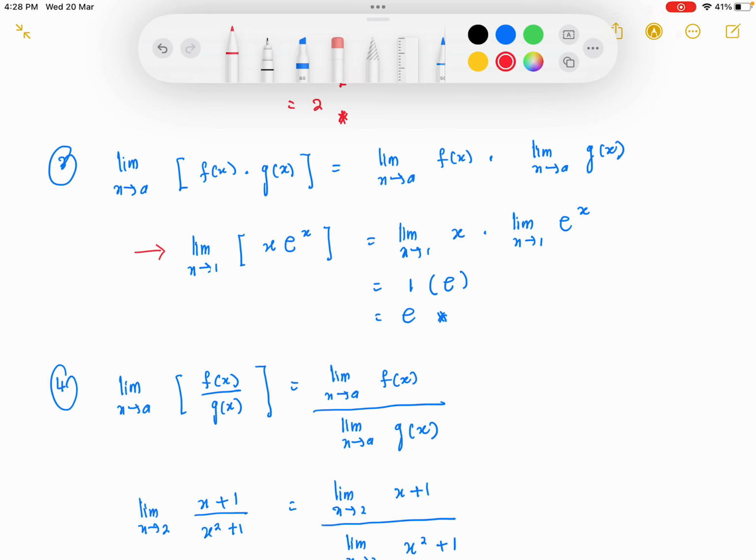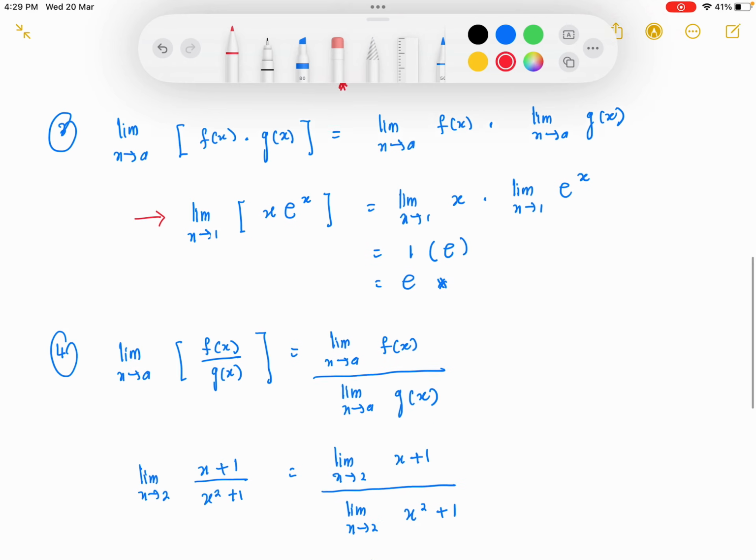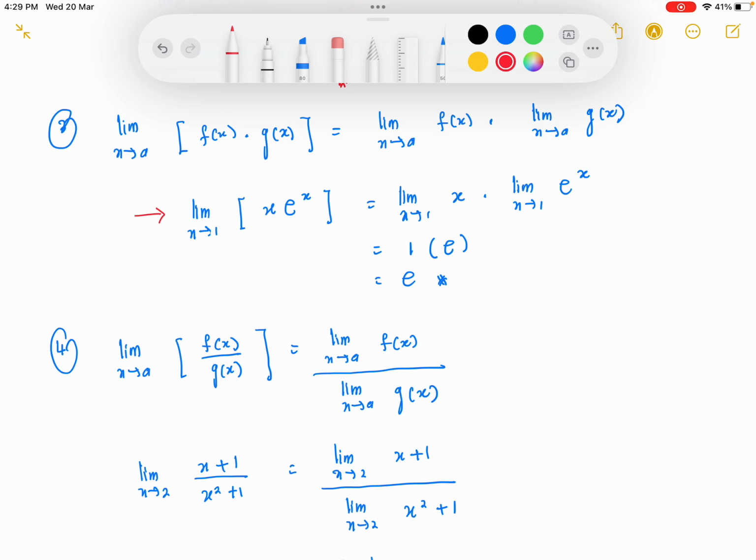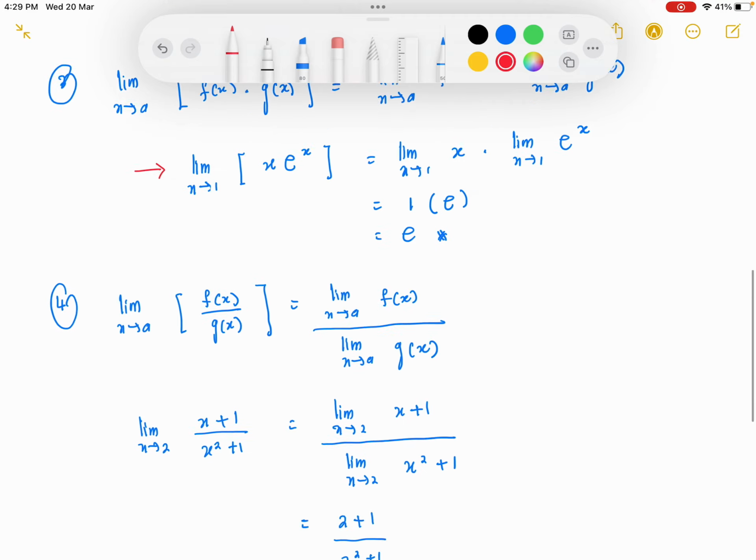So we can separate this limit. We get the limit as x approaches 1 of x times the limit as x approaches 1 of e to the power of x. And then we substitute one by one. For the first limit, we get 1 times, for the second limit, e to the power of 1 equals e. So the final answer equals e.